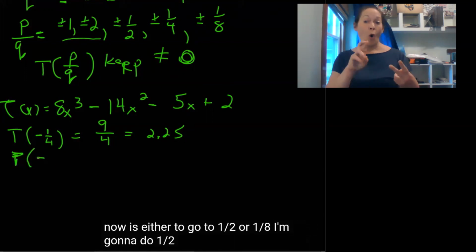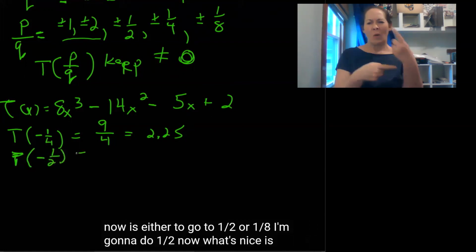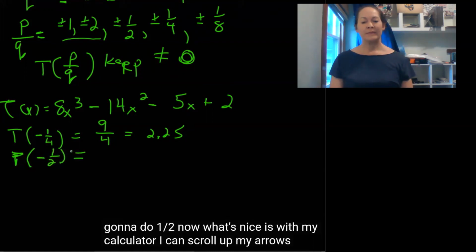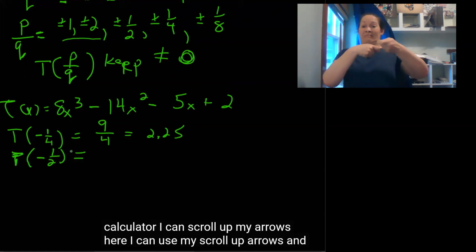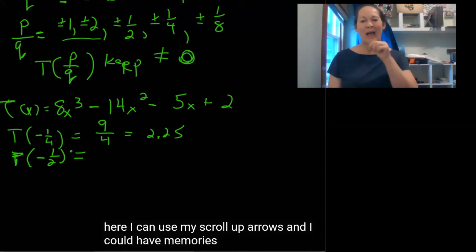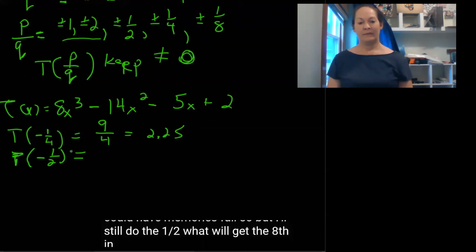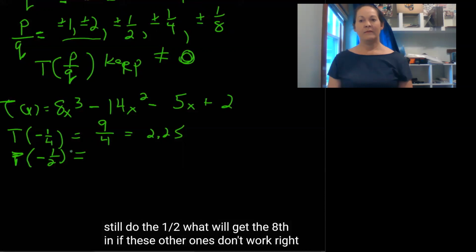I'm going to do a 1/2. Now what's nice is with my calculator I can use my scroll up arrows. My memory's full. But I'll still do the 1/2. We'll get the 8th in if these other ones don't work, right?